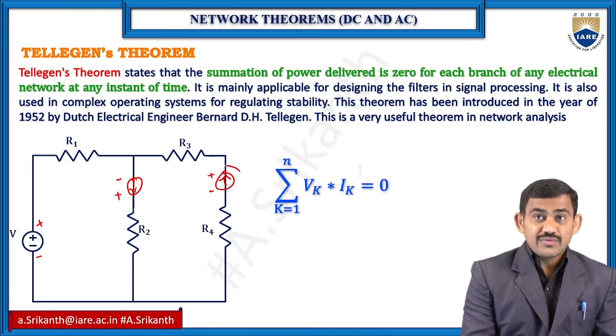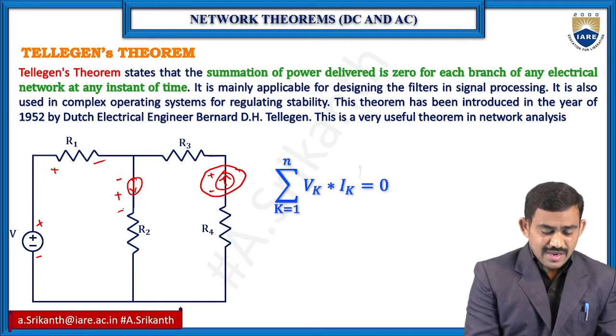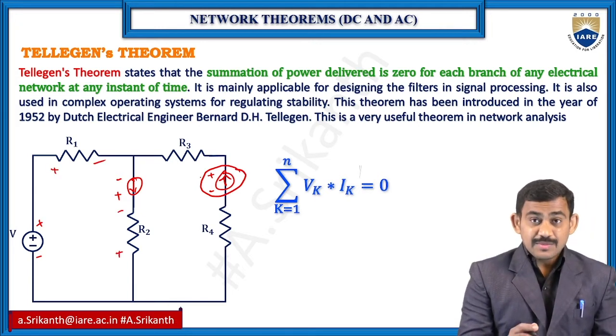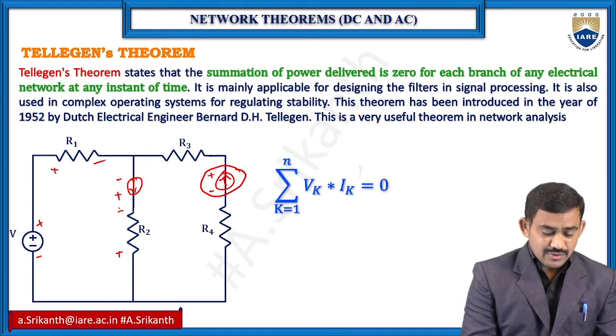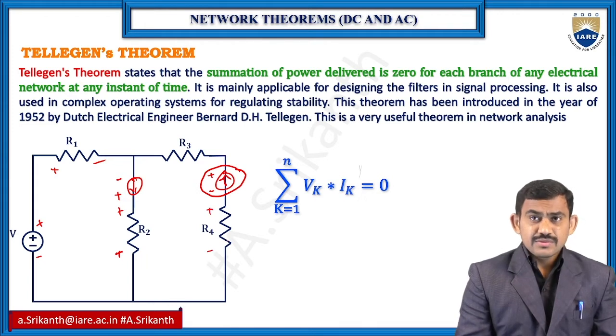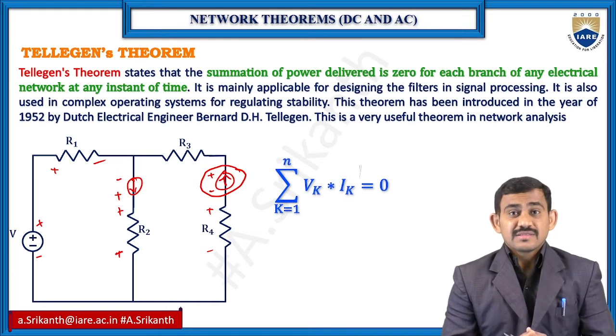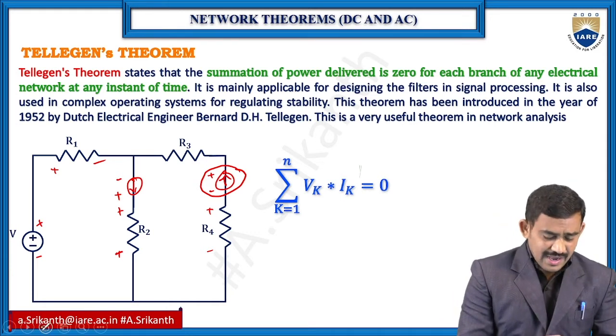Just don't forget the negative and positive. Here we have positive, negative, and here we have negative, positive. Just observe which terminal has which sign, and substitute that power accordingly.